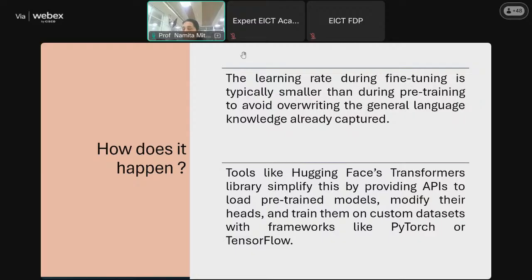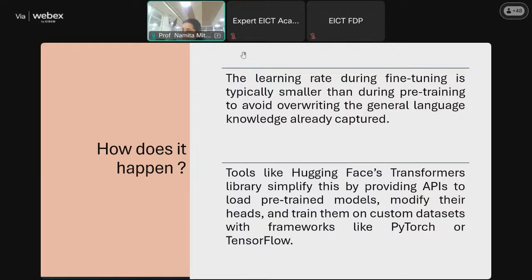We have GitHub, we have Kaggle, we have Hugging Face, the resource libraries, and they simplify this by providing APIs to load pre-trained models. Of course we have to write some interface between the source and the application, that is the API, modify their heads and train them on a custom dataset. The custom dataset we have to provide at the time of tuning.